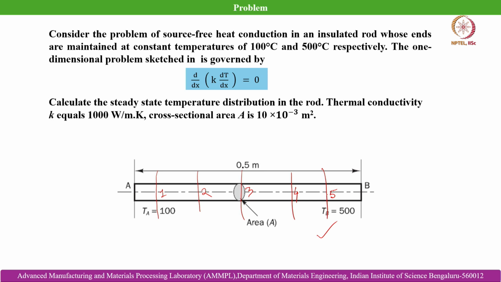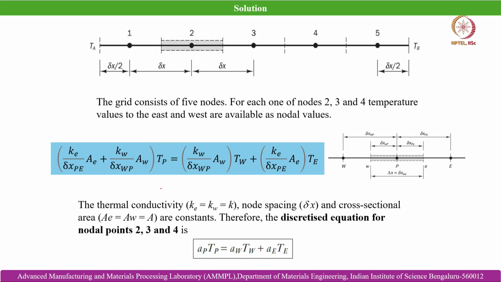So this is discretized with the help of these 5 control volumes. Now we will see how we can identify the temperature values at these chosen grid points, that is 1, 2, 3, 4 and 5. You can see the discretized domain here.